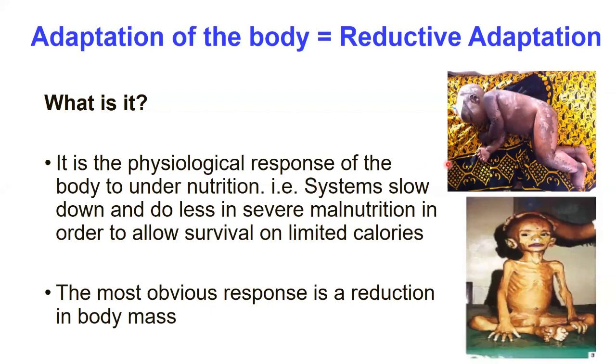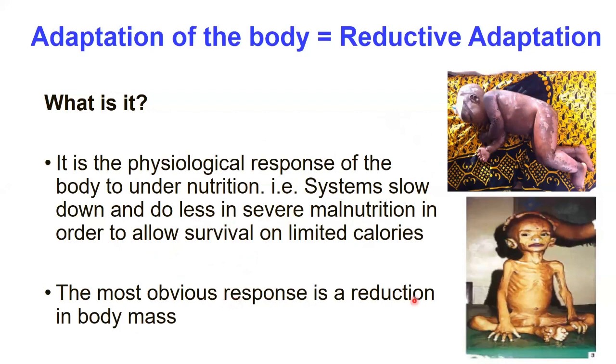The activity compared to normal children is completely reduced, and that's what we call reductive adaptation. It's the physiological response of the body to undernutrition, that is, systems slow down. They do less in severe malnutrition in order to allow survival on the limited calories. That's the only ability so that the child can continue to live on.